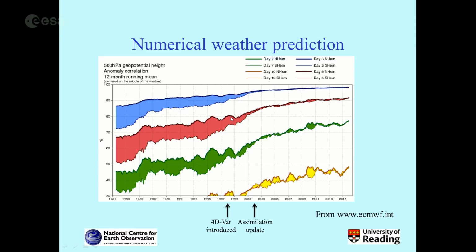At this point the ECMWF introduced their more advanced 4-dimensional variational assimilation scheme, and at this point they updated the scheme. It's not a coincidence that these updates coincide with the southern hemisphere forecast being almost as good as the northern hemisphere forecast, because by implementing these data assimilation techniques we're able to make much better use of the satellite data over the southern hemisphere, and therefore get better forecasts of the weather there.